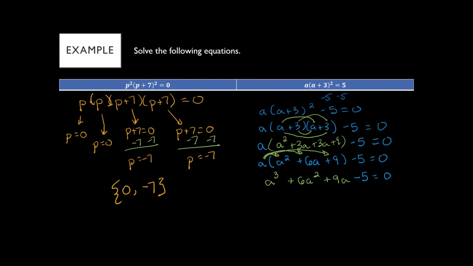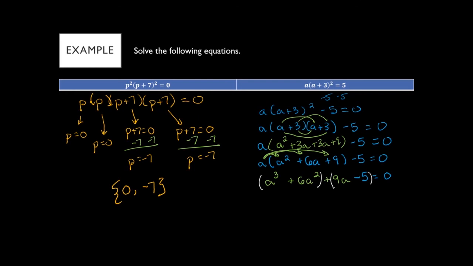So this is not a quadratic, because it's not an a squared; it's got the highest exponent of 3. And when you have 4 terms, you would try to do grouping. When you have 4 terms in your factoring, you would attempt to factor by grouping.